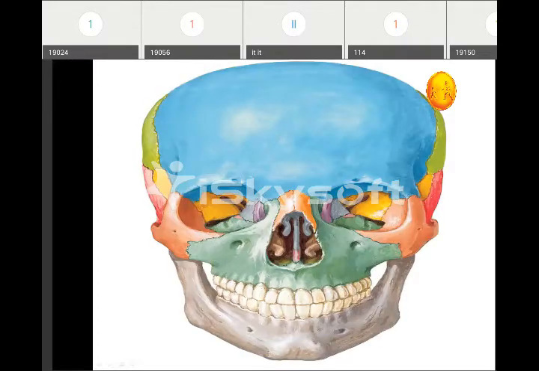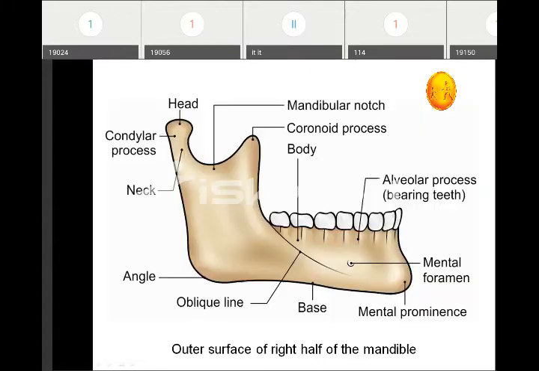So first, the mandible is the strongest and the largest bone of the face. Hope you know the bones of the face. It is the lowermost part. Here you can see in this picture, it articulates with the temporal bone to form the temporomandibular joint. It is the lowermost bone, and it has two parts.